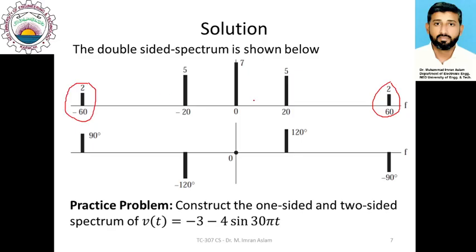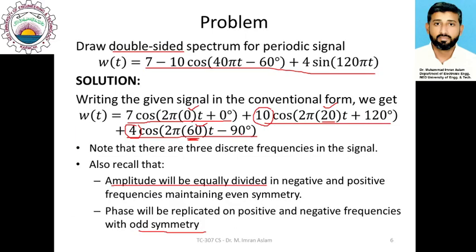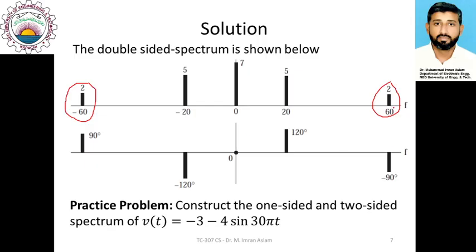So the amplitude is divided into two halves. The phase angle here is minus 90 degrees, you can see from this expression. So at 60 Hertz, the phase angle is minus 90 degrees, and at negative 60, the phase angle would be the negative of this minus 90. So negative of minus 90 would be plus 90 degrees. So you have this odd symmetry here in the phase spectrum.